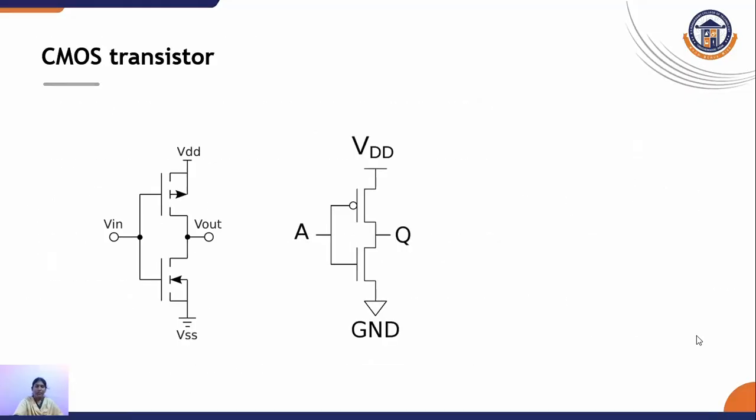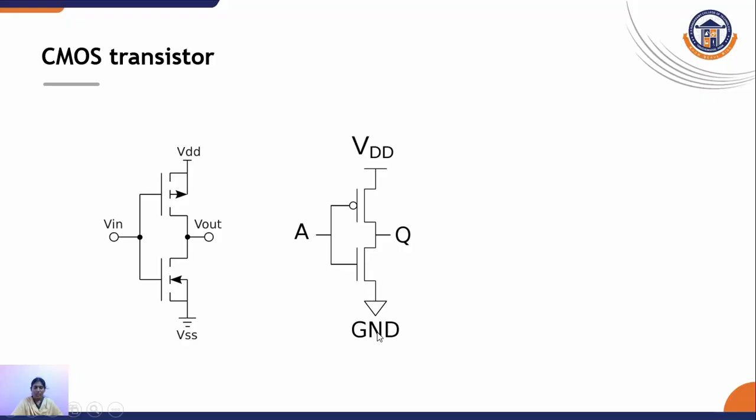Based on this concept, we design a CMOS transistor. Already we said CMOS is a combination of NMOS and PMOS. In a CMOS transistor, NMOS is placed at the bottom of the circuit. PMOS is placed at the top of the circuit. We connect both gates as one input. Then the PMOS source is connected to VDD.